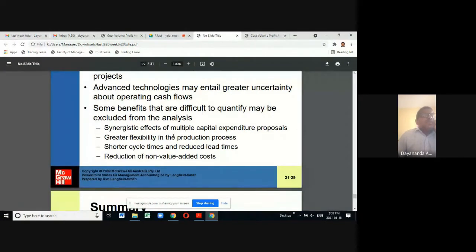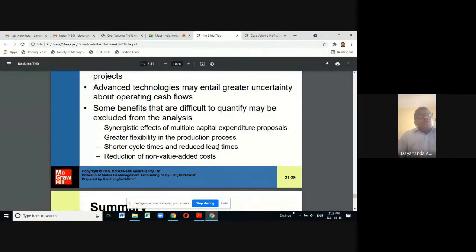Greater flexibility in production process. We don't consider the flexibility, and shorter life cycle reduces the lead time. Shorter life cycle means, because of the dynamic nature of the environment, whatever the product, the lifetime is very short.